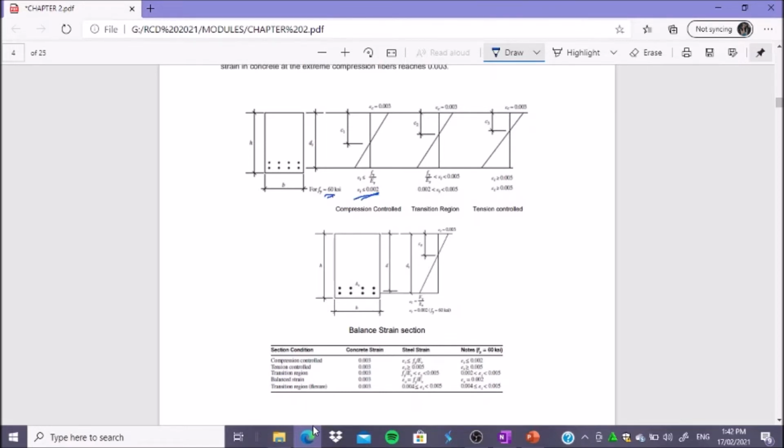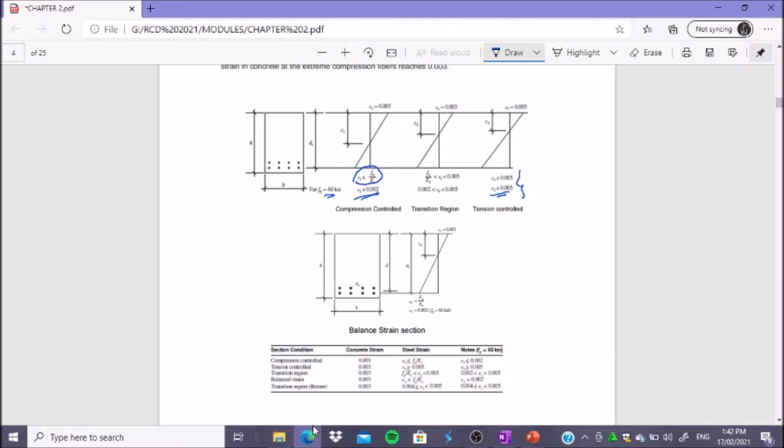For other grades, it is equal to Fy over Es. So this is the same as 2001. And we have the 0.005 for tension control, whatever the grade of steel.